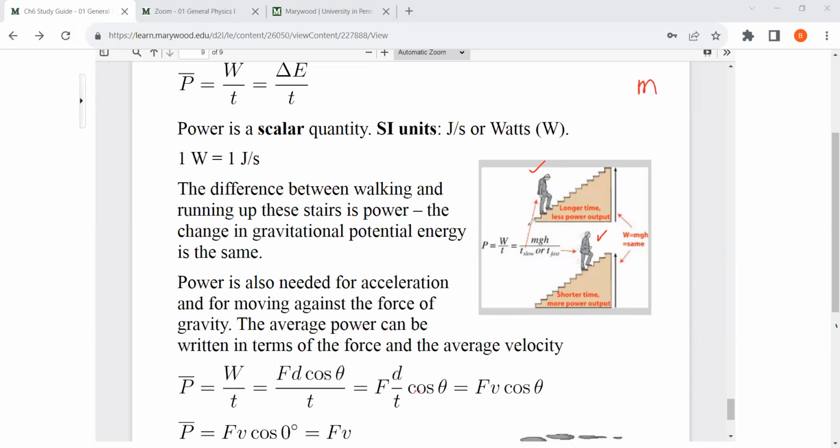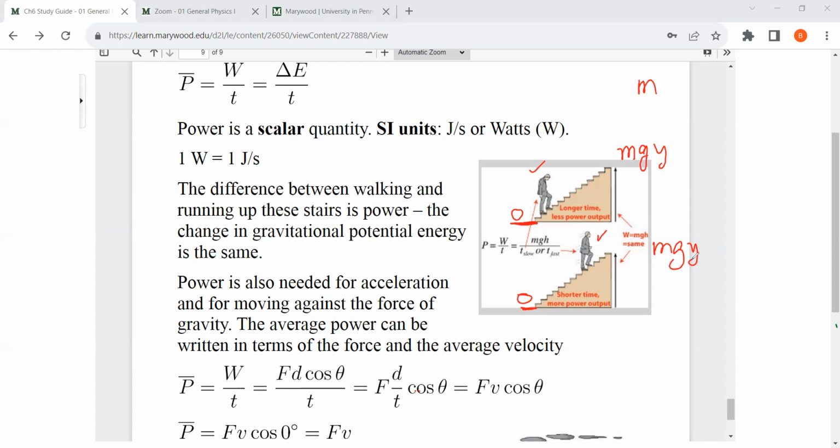Now at the bottom, the potential energy is 0. We can say that the height is equal to 0 for both persons. At the top, the potential energy is mgy for both persons, because both have the same mass.